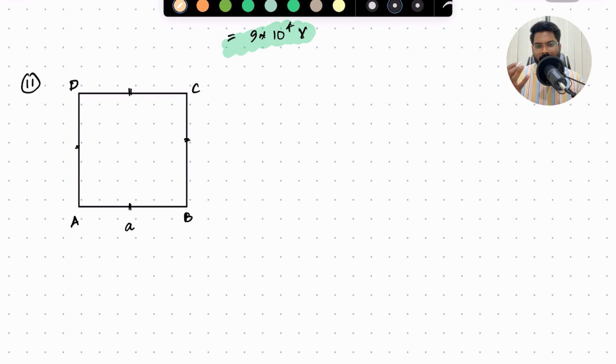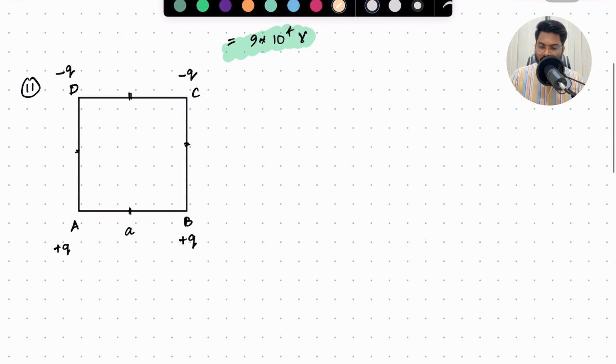Now I'm placing some charges at the corners of this square like this: plus q, plus q again, minus q, minus q. So let's highlight our charges. These are our charges at the four corners of the square, and this is the order in which they are kept.